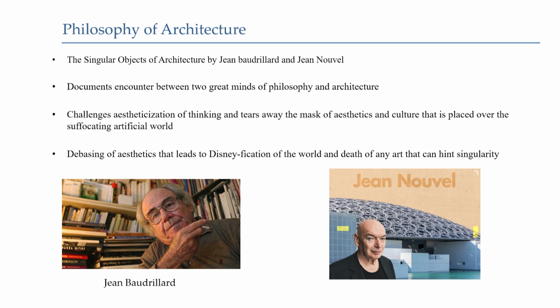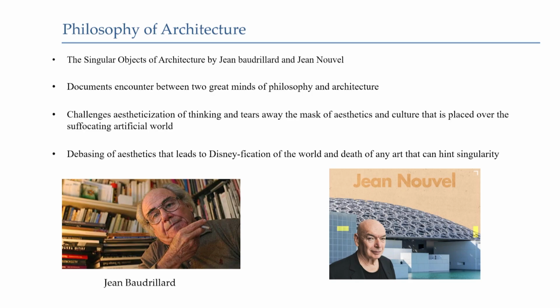Generally this is what the thinking is all about, and what they do in their conversation is challenge this aestheticization of thinking. It should not be a superficial activity, it should be real and rooted in the creation of something that is singular, that is unique, and we should not be doing a copy paste even in the field of architecture.